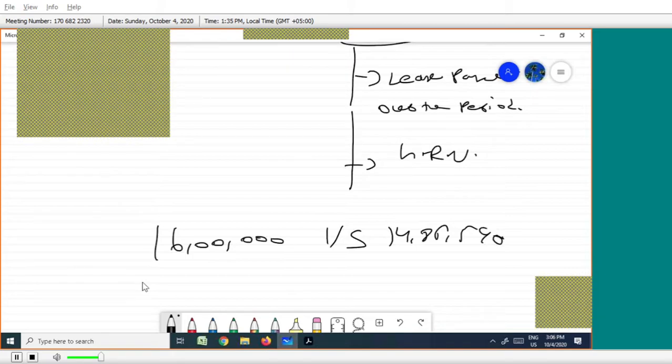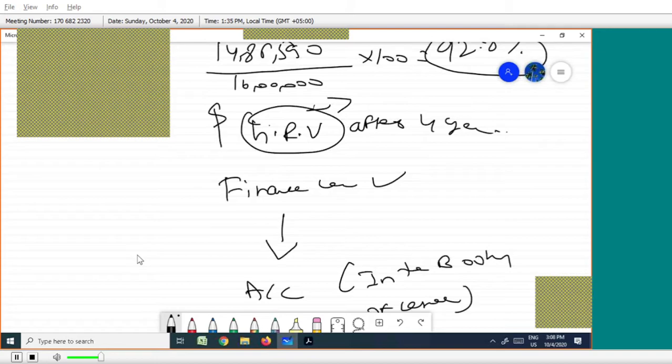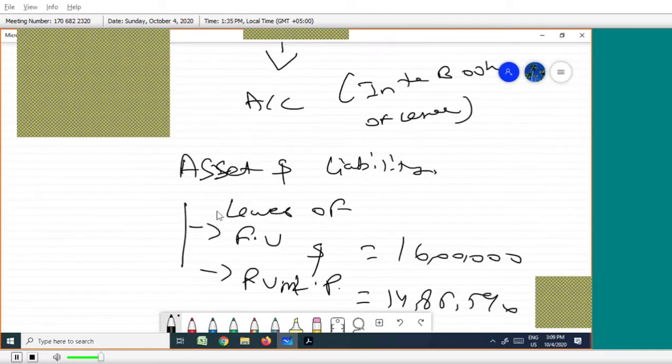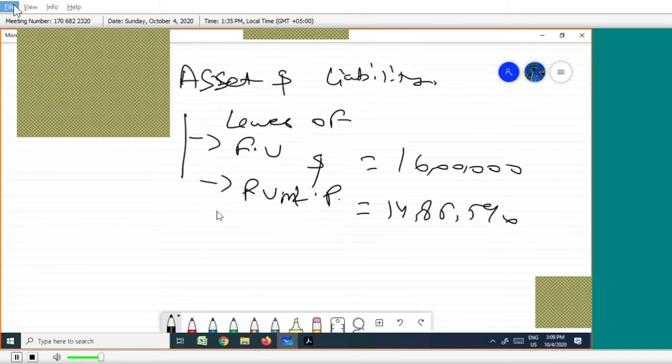What is the present value of minimum lease payment, sir? 14 lakh 85,590 is the present value of minimum lease payment. Correct? 14 lakh 85,590 only. Yes. What is the lower? 16 lakh is lower or 14 lakh 85,590 is lower? 14 lakh 85,590 is the lower.